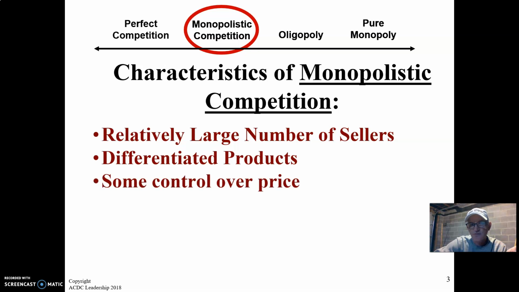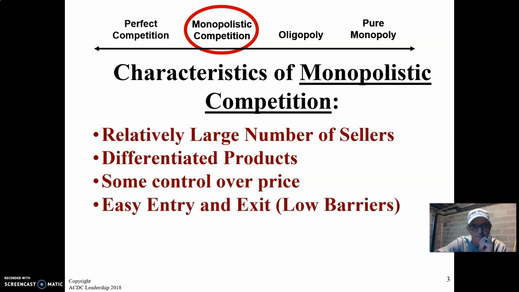They do have some control over price. The reason I was hesitating a second, I was trying to think, if we think about somebody like cereals, candy bars, those types of things, they kind of fall under this monopolistic competition, and we'll talk more about the reasons why. There is easy entry and exit.